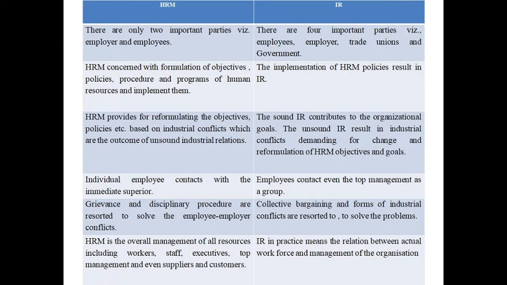In case of industrial relations, it is the implementation of human resource management policies which results in the industrial relation, or you can better say that the condition or status of industrial relation, whether it is a conflicting relation or a cooperating relation, is the outcome of the implementation of human resource management policy.